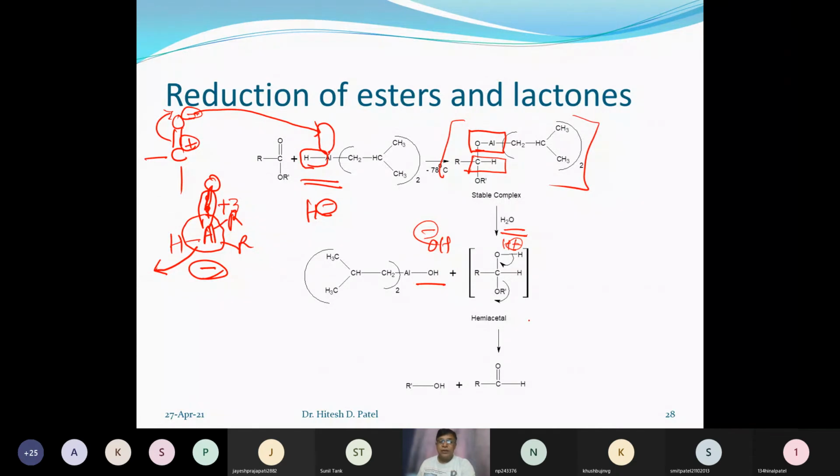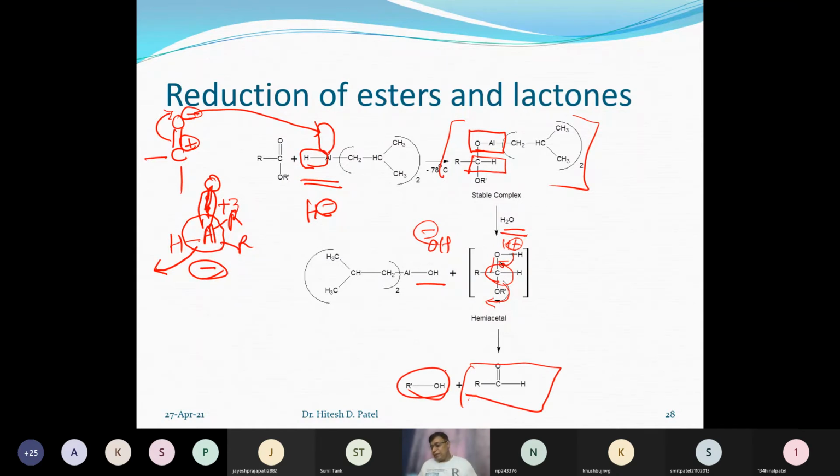After that, this hemiacetal, where carbon is bound to two electronegative elements, oxygen will try to pull electrons from hydrogen, and as a result C double bond O will form. When C double bond O forms, the valency of this carbon becomes 5, so OR minus will be eliminated, and as a result we will get aldehyde and alcohol.